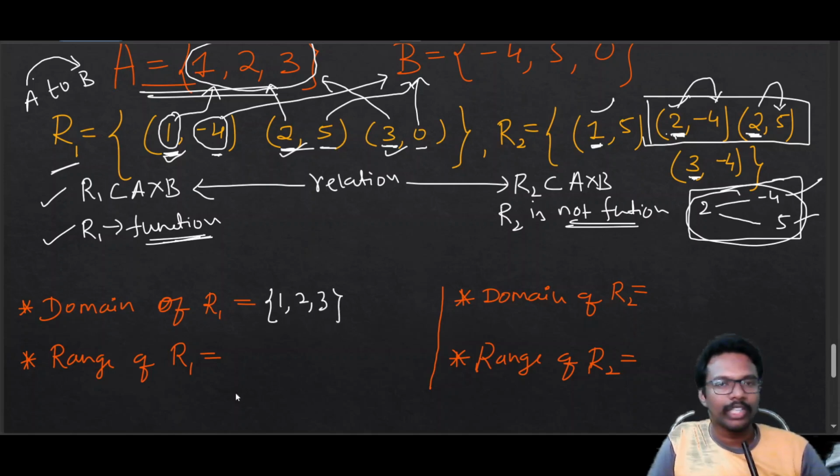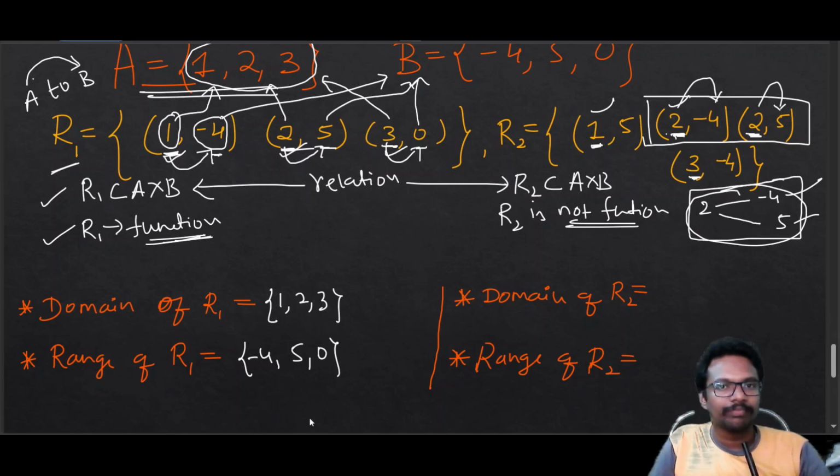And range of R1 means where the relation reached, where it ended. From 1 it started and it ended in -4, 2 started and ended in 5, 3 started and ended in 0. So the relation starting point is the domain, the relation ending point is the range. So range of R1 is -4, 5, 0.